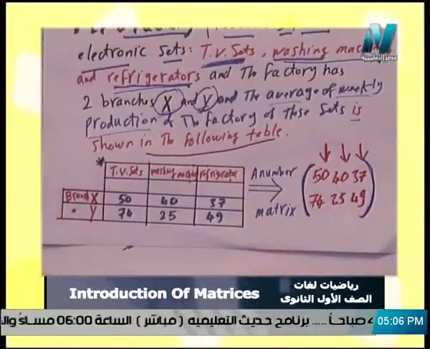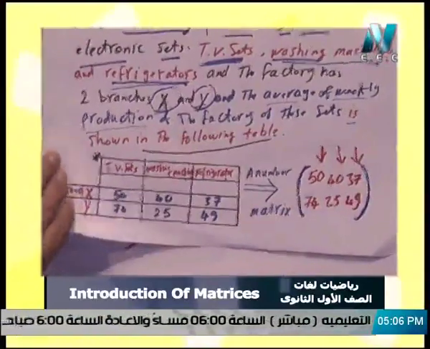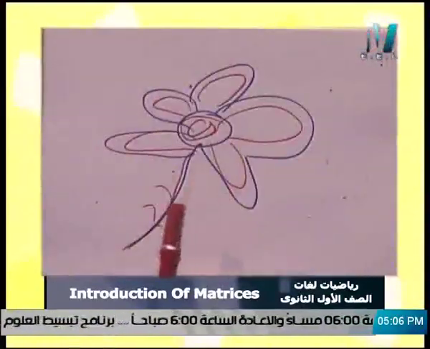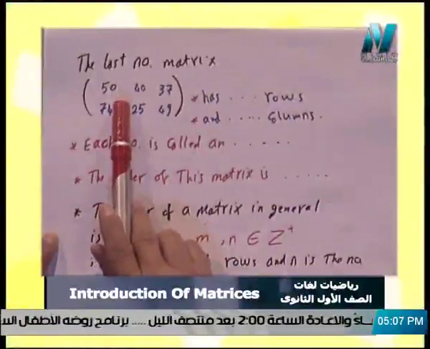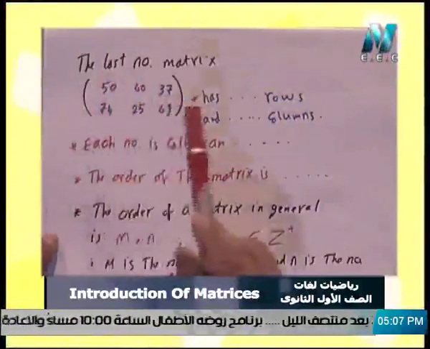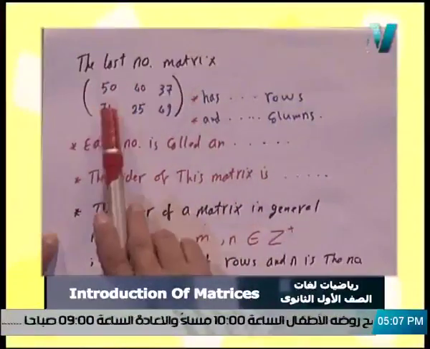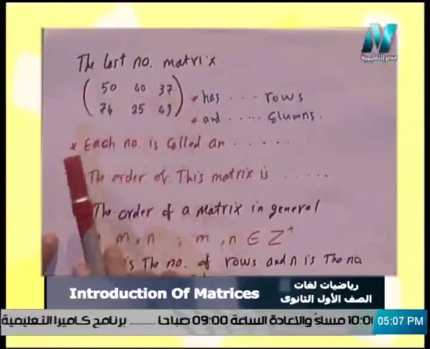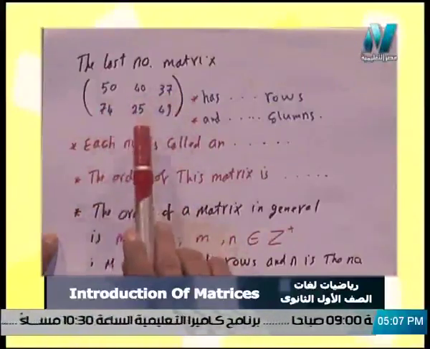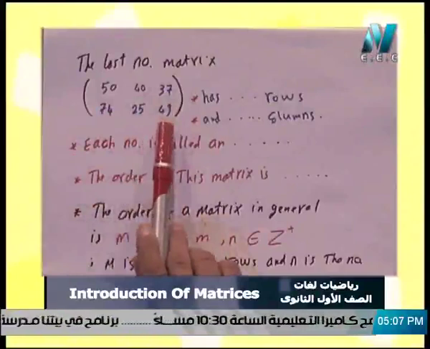Okay, let's see the matrix again. The matrices lessons are very easy and enjoyable, and you will enjoy it, and it's easy to understand. We have the last matrix here: 50, 40, 37, 74, 25, 49.